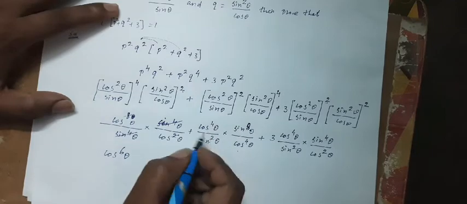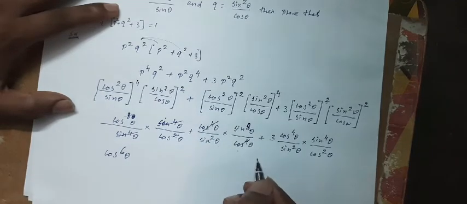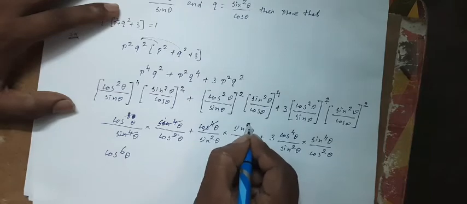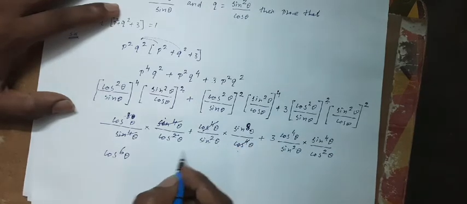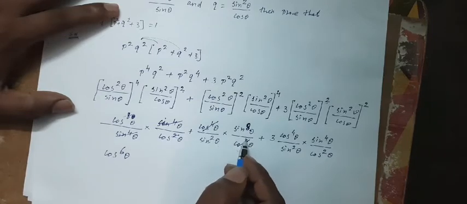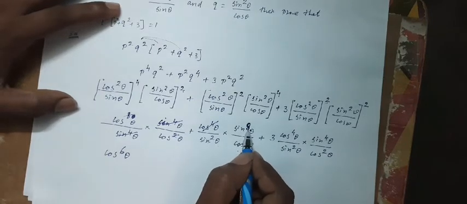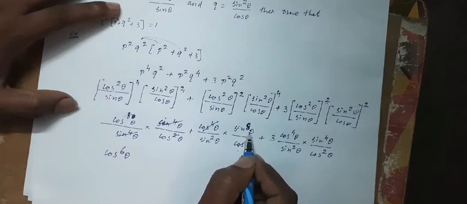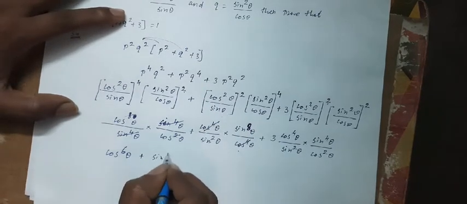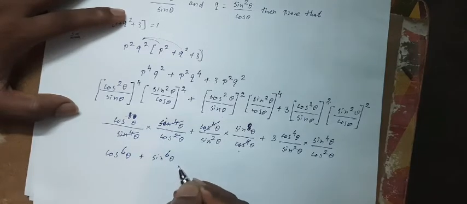Same here, cos power 4 theta, cos power 4 theta we can cancel. Here sin 8 theta, here sin square theta, here sin power 8 theta. So we can cancel, meaning we can get sin power 6 theta. Clear?